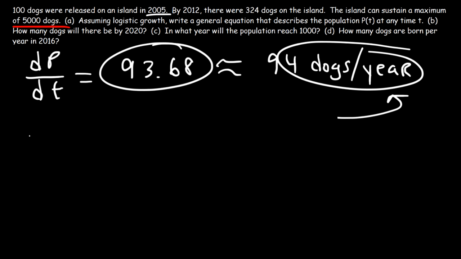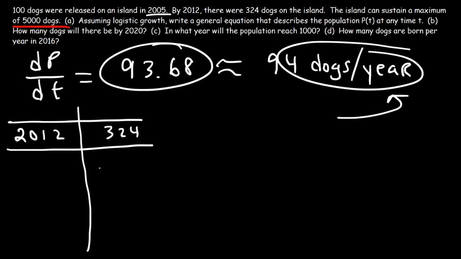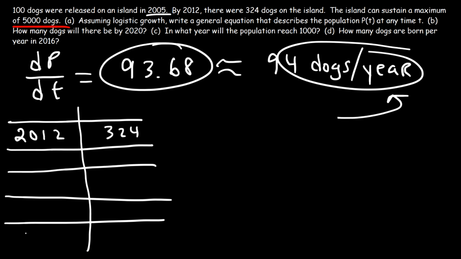Now let's make a table. In the year 2012, the population was 324. And in the year 2020, the population was 1,094.